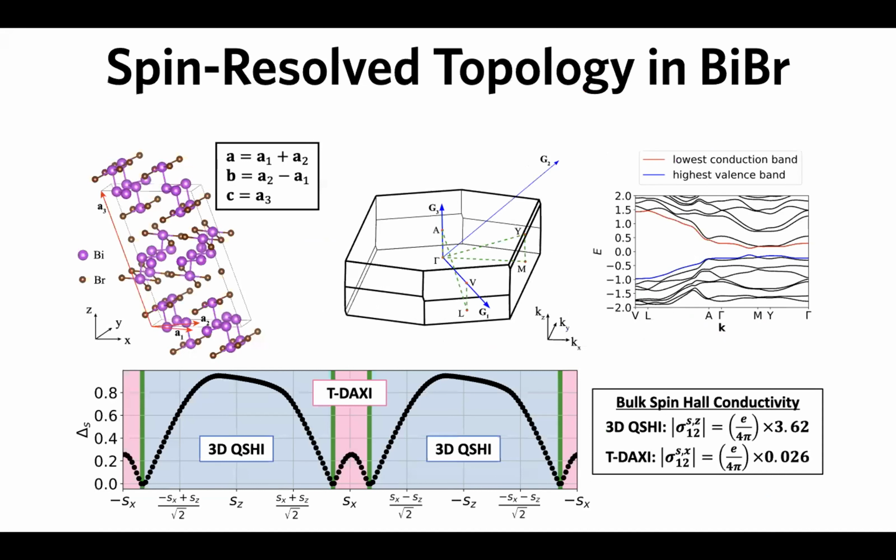And we can compute the spin resolved topology for different spin directions and the bulk intrinsic contributions to the spin Hall conductivity. And we see that this picture of these different spin resolved phases tells us something about the bulk contribution to the intrinsic spin Hall conductivity.